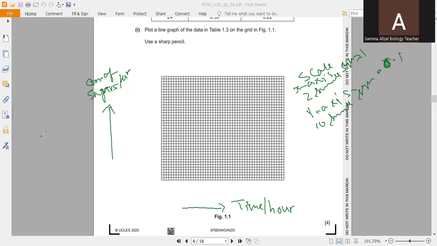So in this way we will choose the scale over here.